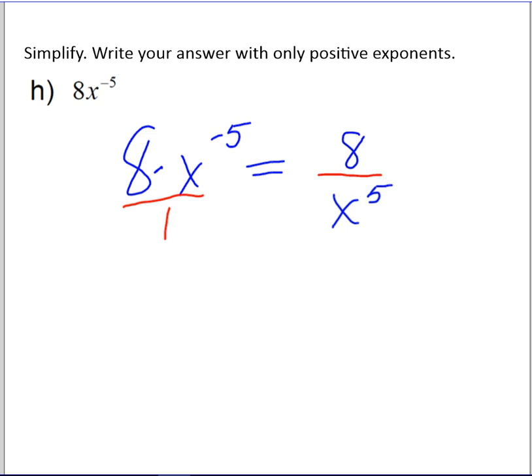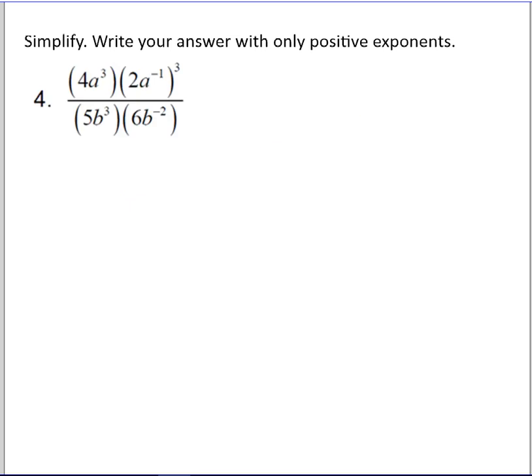And so let's use all these rules that we've been reviewing to do number 4. So we have 5a cubed times 2a to the negative 1 power, and that's all cubed, over 5b cubed times 6b to the negative 2. So the first thing that we're going to do is get rid of our power raised to a power here and distribute. So on the top we'll have 4a cubed.